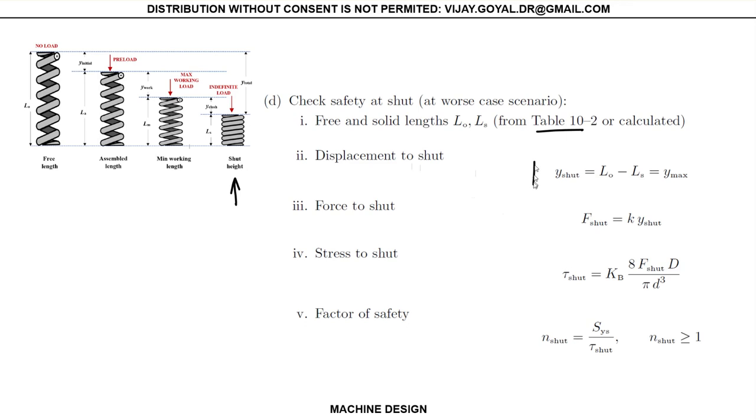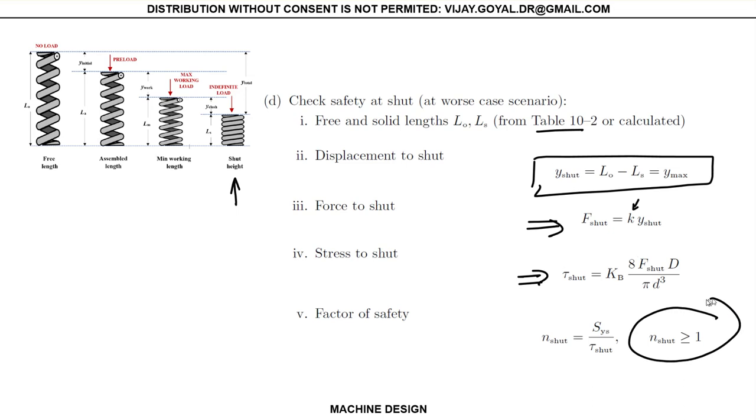Find the displacement at shut using this equation. Then, since you have your spring stiffness, find the force at shut. Find your stress from the F shut that you just found, and make sure this is all bigger than or equal to 1. Remember, your loads are already multiplied by 1.2.